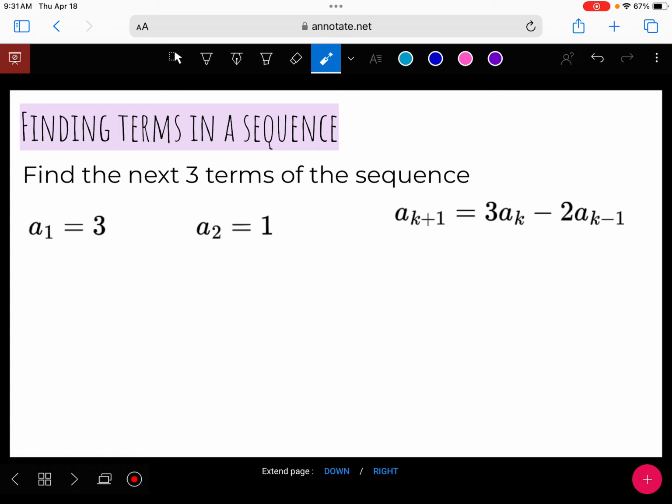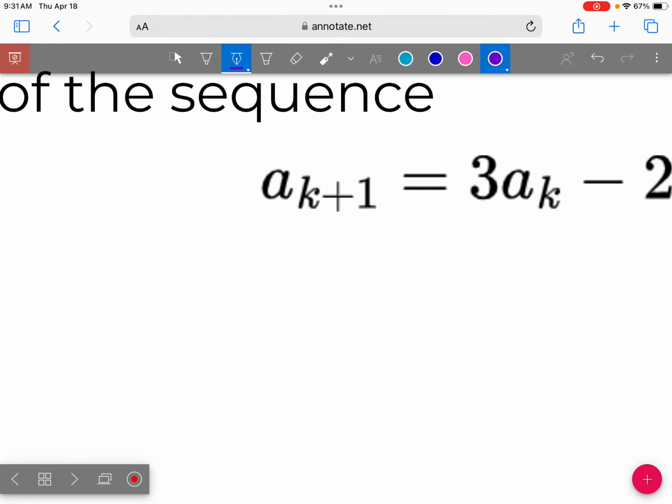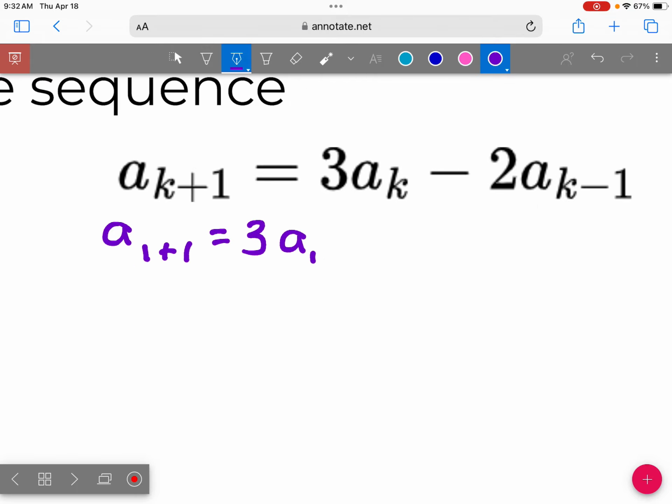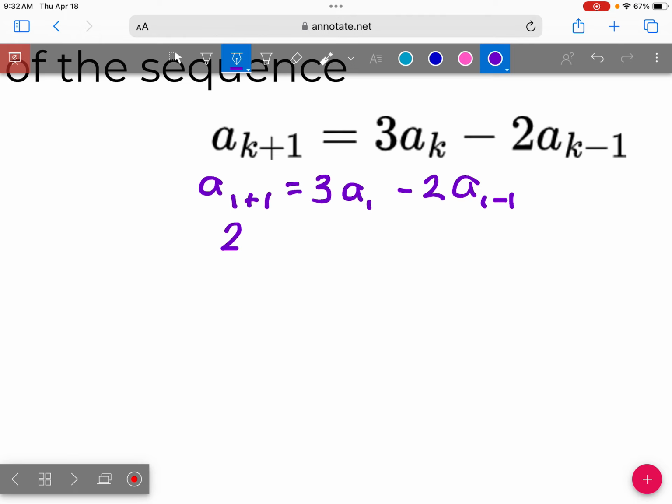All right. So my first instinct would be to start with the earliest k that I have, starting with a 1. If we do that, and we do a sub 1 plus 1, 3 times a sub 1 minus 2 a sub 1 minus 1, that's going to tell me a sub 2 minus 2 a sub 0.